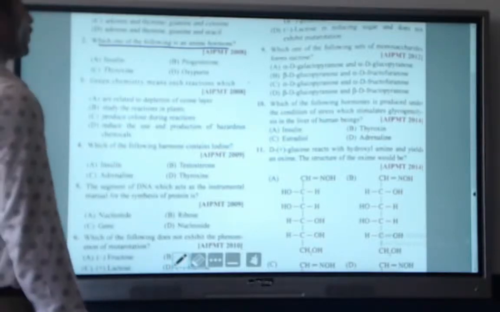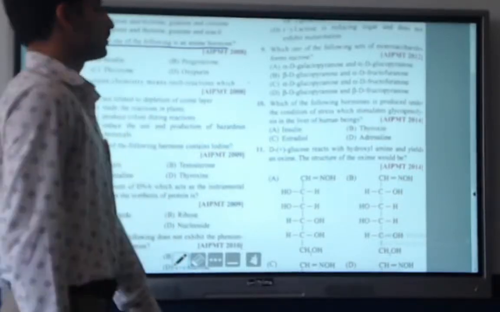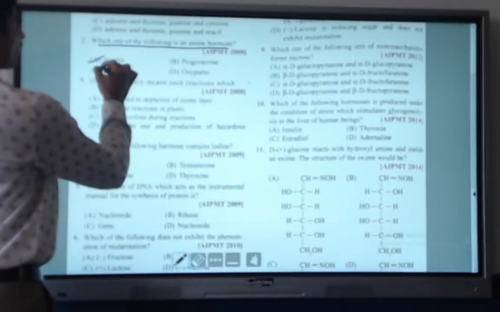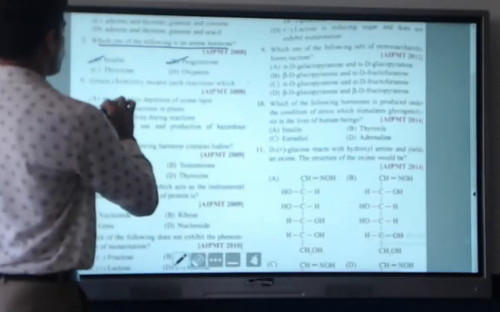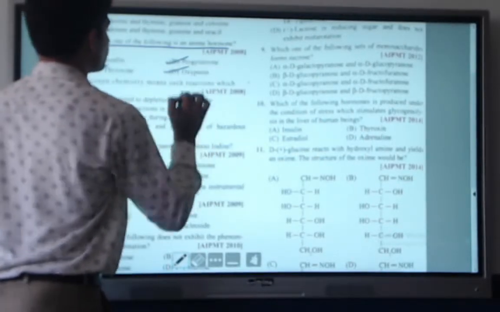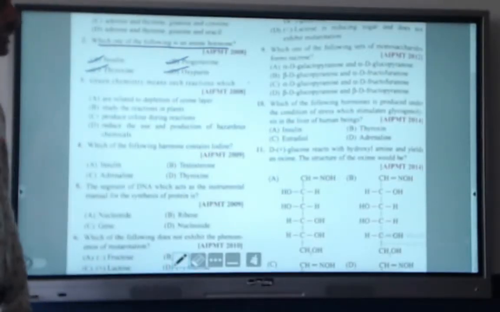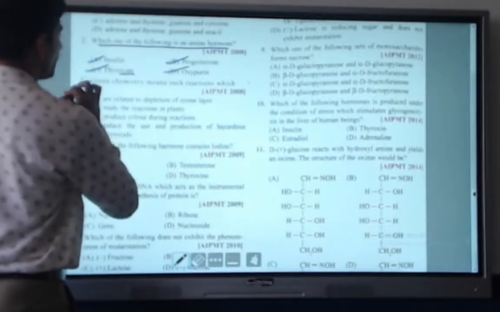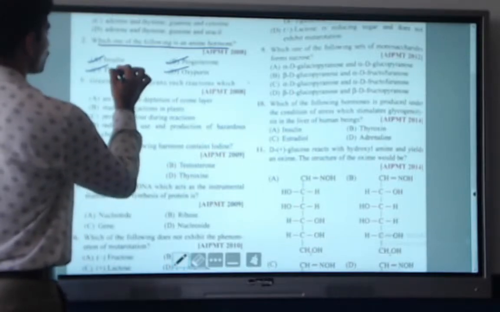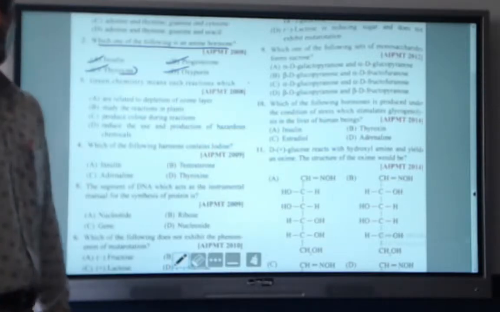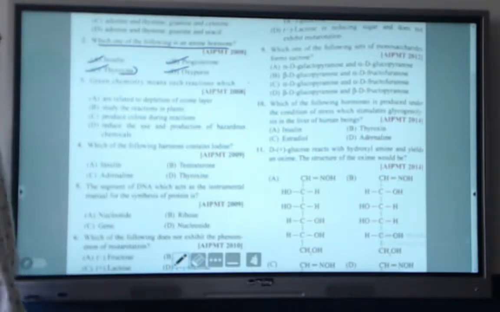Options are insulin, progesterone, thyroxine and oxytocin. So always remember, whenever there is a presence of amine group, the naming should end with oxine. Thyroxine, it should end with oxine.